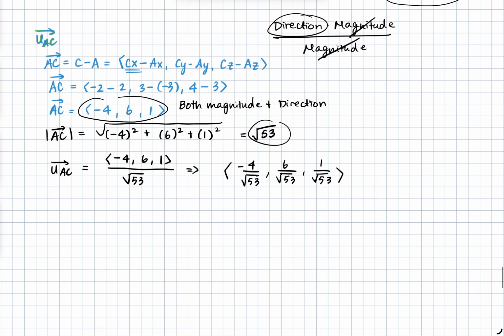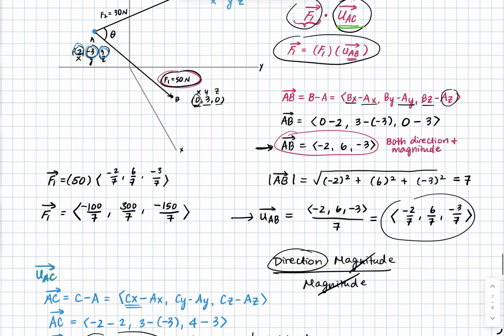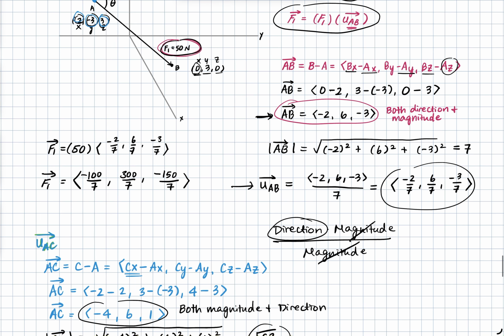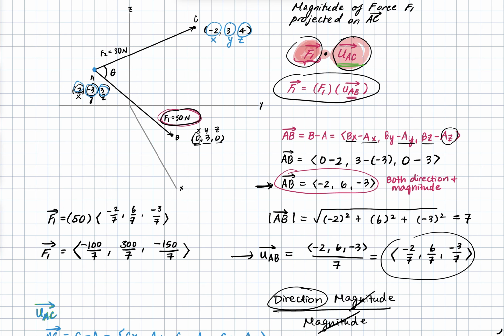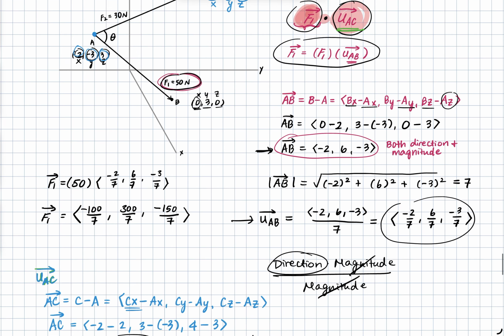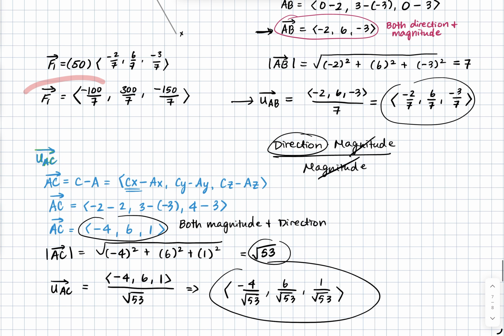Okay, now that I have the unit vector AC over here, I can now do the dot product of F1, the vector, dotted with the unit vector AC. So we want the dot product. So to do that, I'm going to first copy down my F1 vector, which is over here.